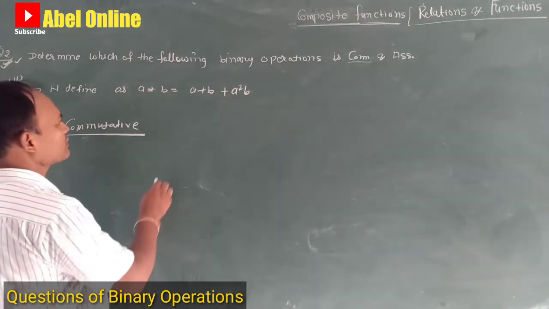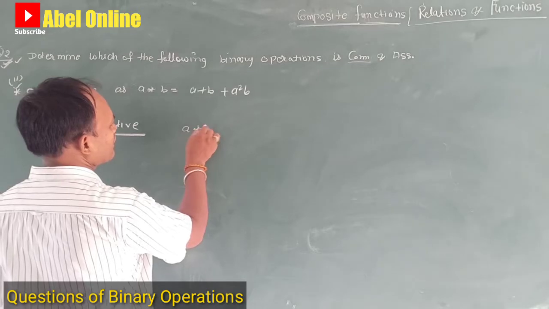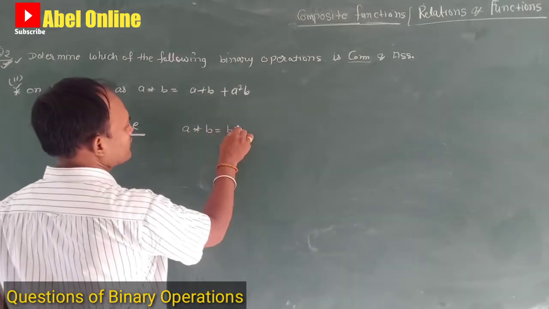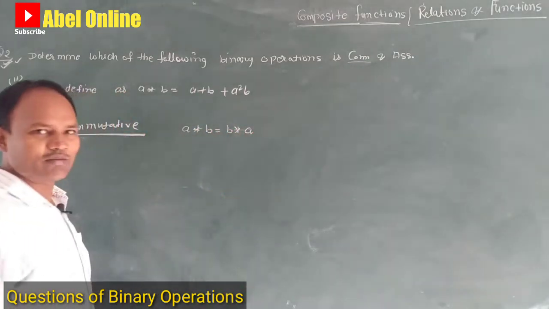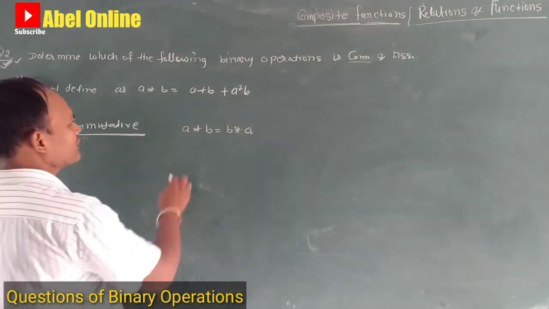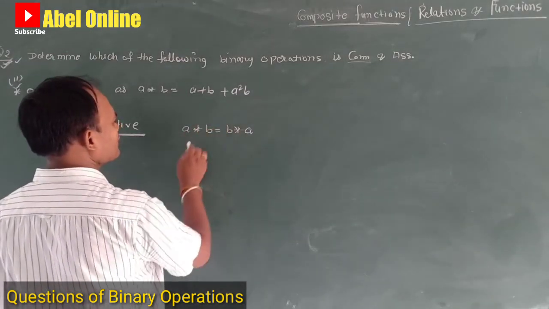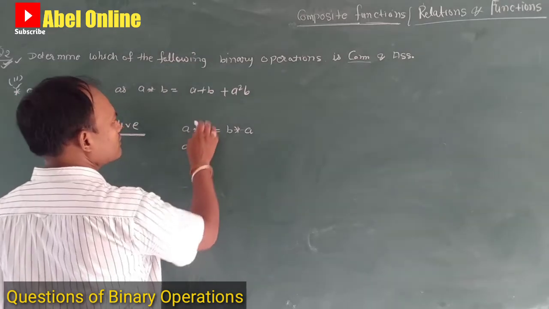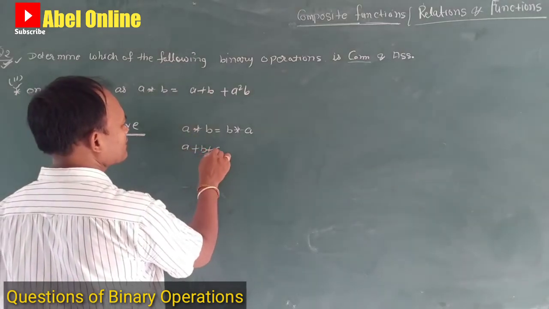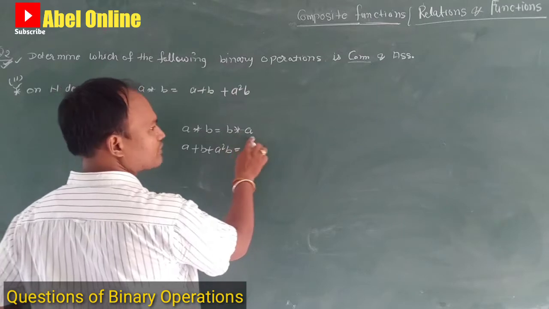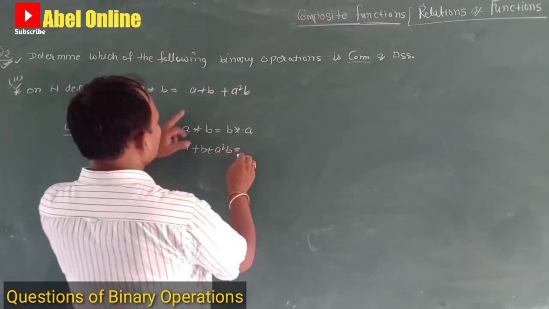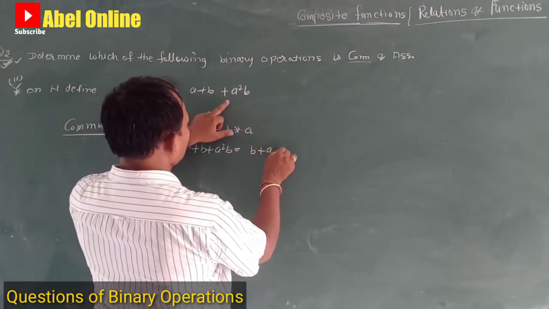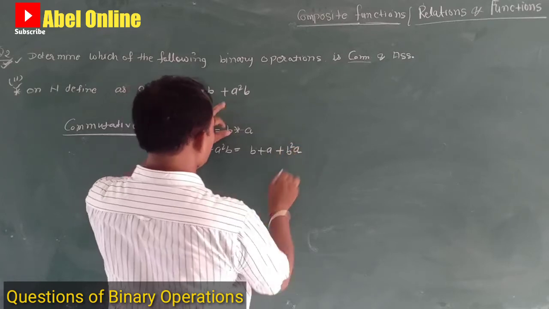When we are talking about commutative, a star b equal b star a. So we can write here a star b means a plus b plus a square b, and the value of b star a means b plus a plus b square a.